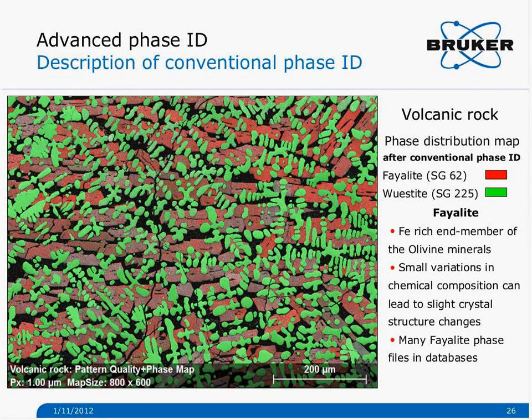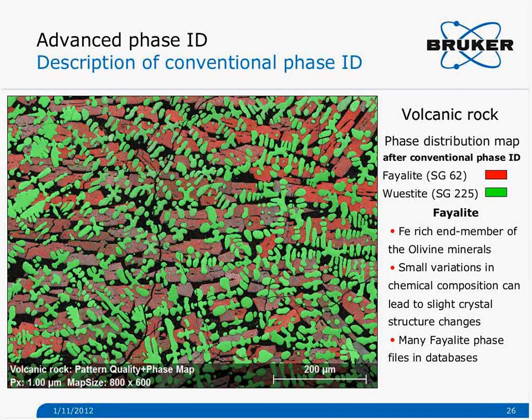I'm not a mineralogist, I'm a materials scientist, but for those of you not knowing, fayalite is the iron-rich end member of the olivine family of minerals. What's particular about these solid solution phases is that small variations of chemical composition can lead to a slight crystal structure change.